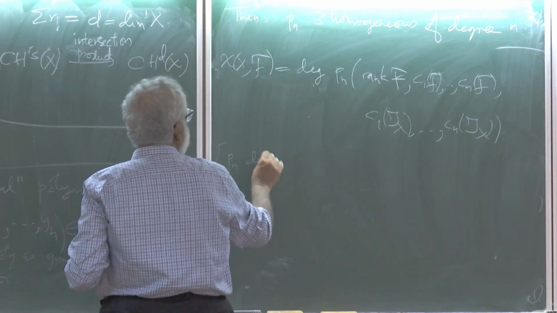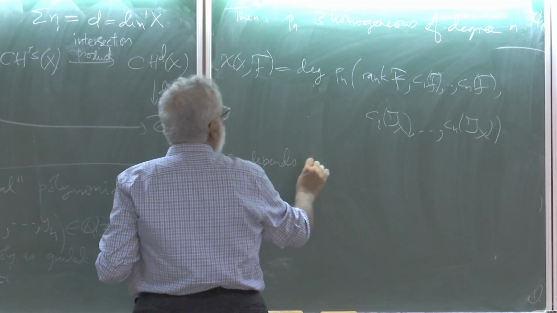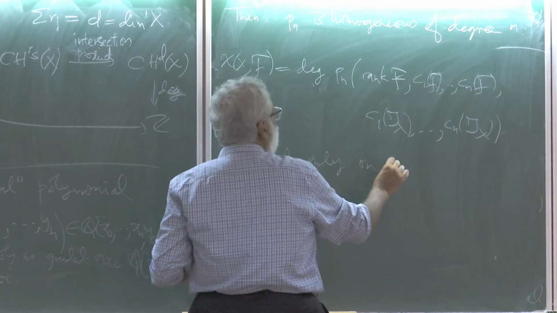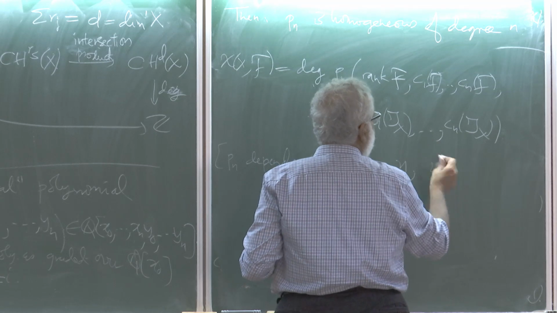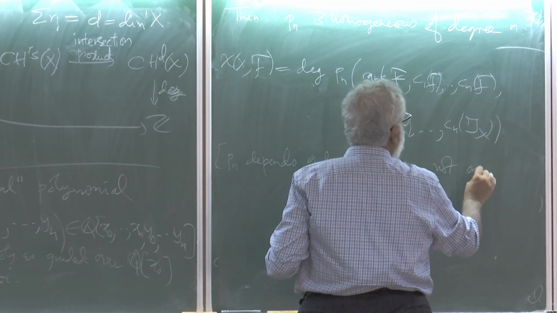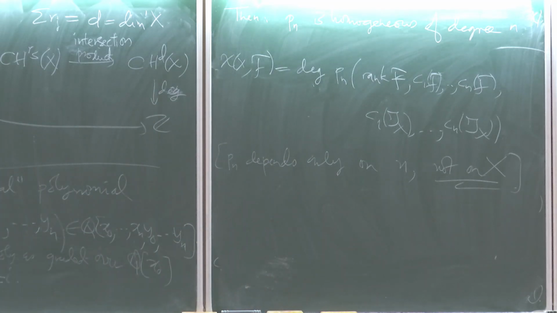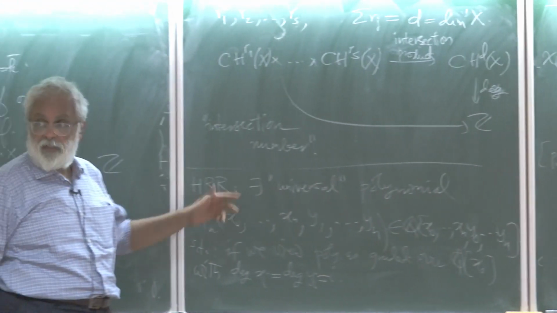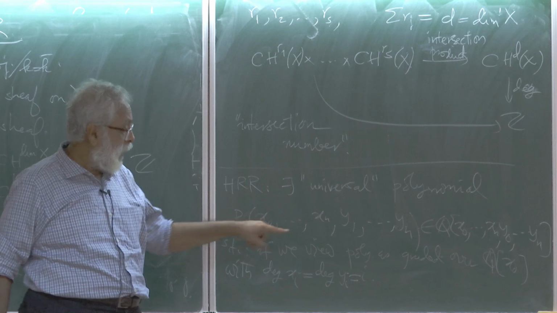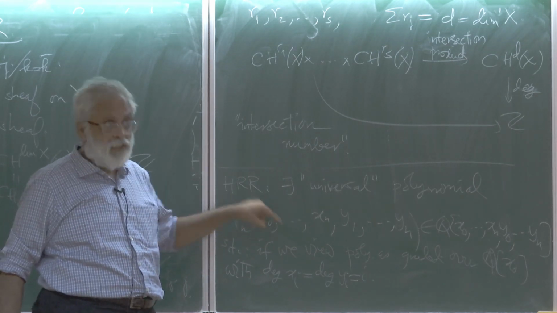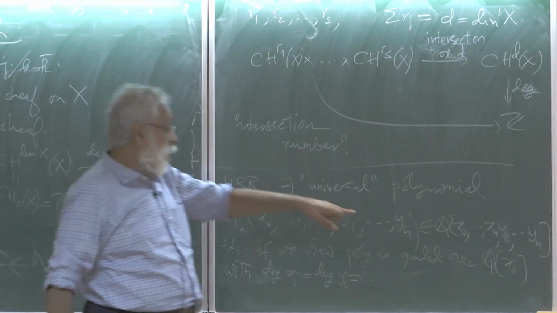Pn depends only on n, it's some universal polynomial in that sense. For each dimension n, there is a polynomial Pn. It is homogeneous of degree n in this weighted sense. X0 doesn't count at all in the weight, but the other xi's, xi counts as weight i, and yi similarly counts as weight i.